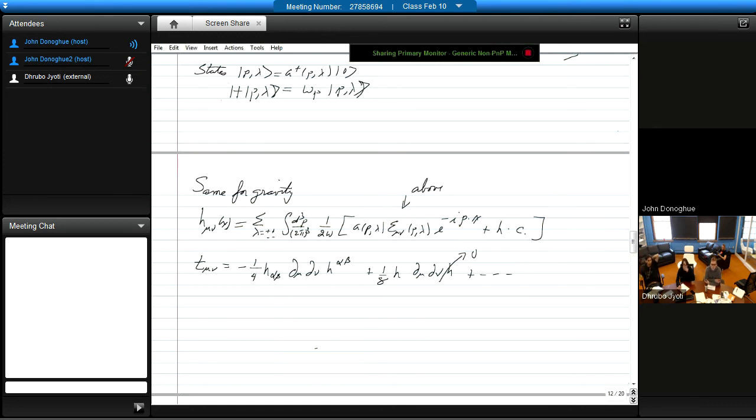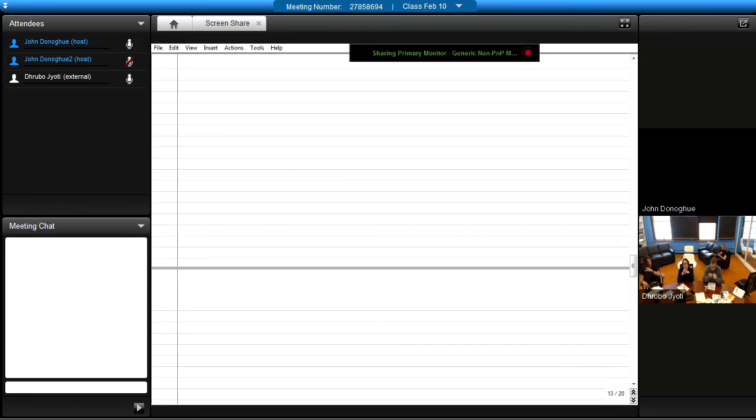Okay, so if I look at H, it is the integral d3x of T00. I've just got that guy there. I grind away. There are various steps in here.